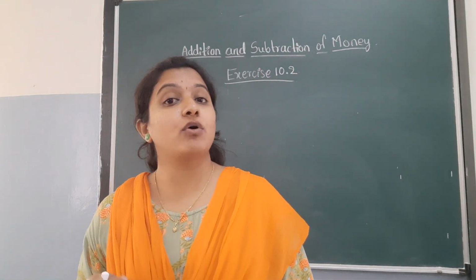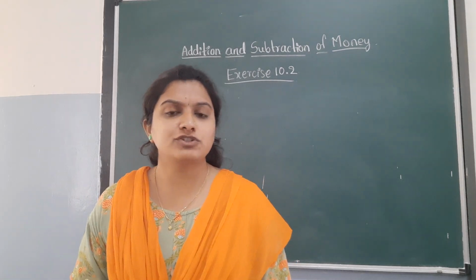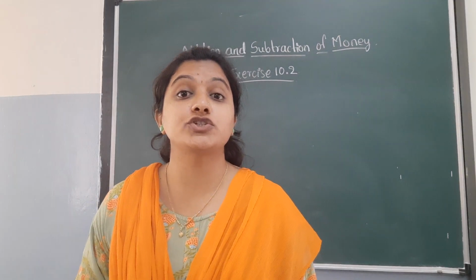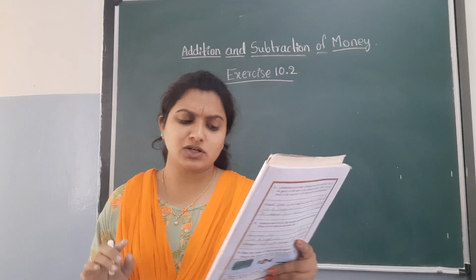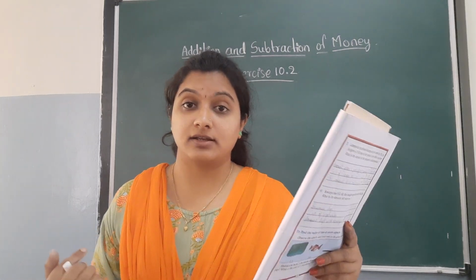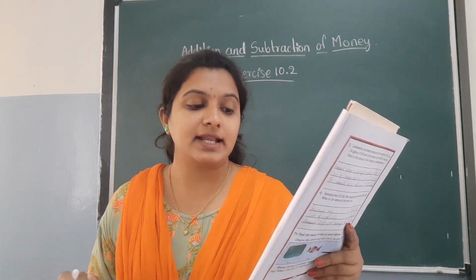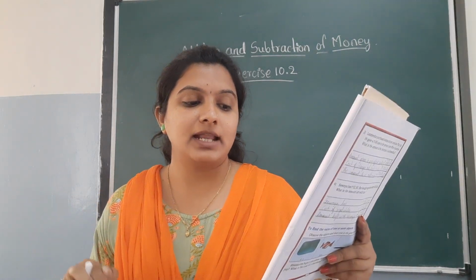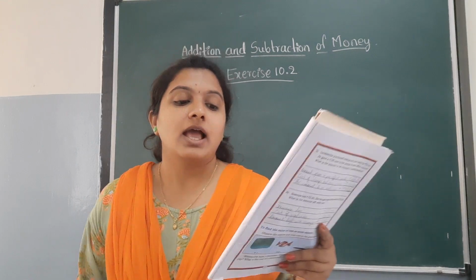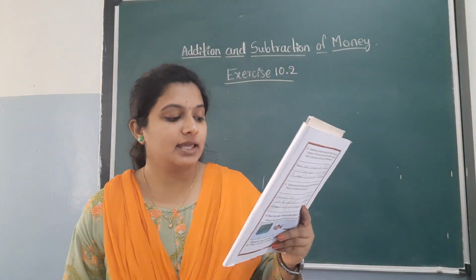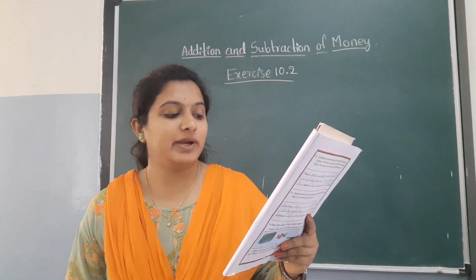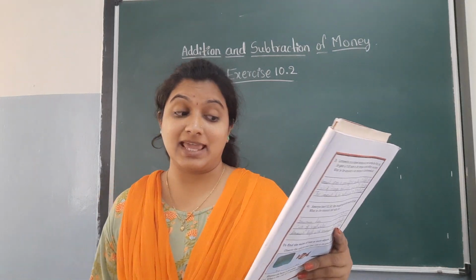He is studying in 4th standard. He wants to purchase one pair of school shoes. What is the cost? Cost means what? What is the cost of that shoes? 399 rupees 99 paise. In his bank, he has only 25 rupees 50 paise.